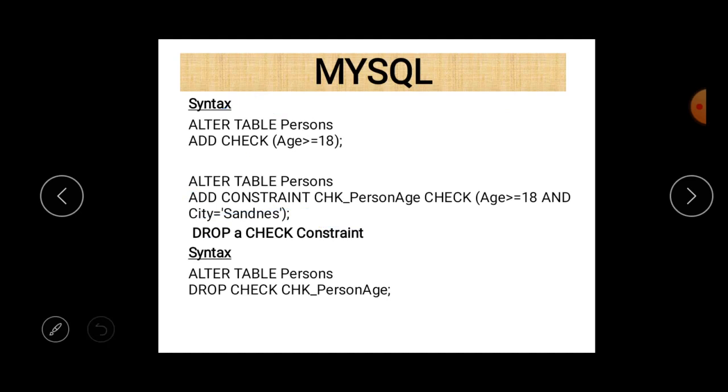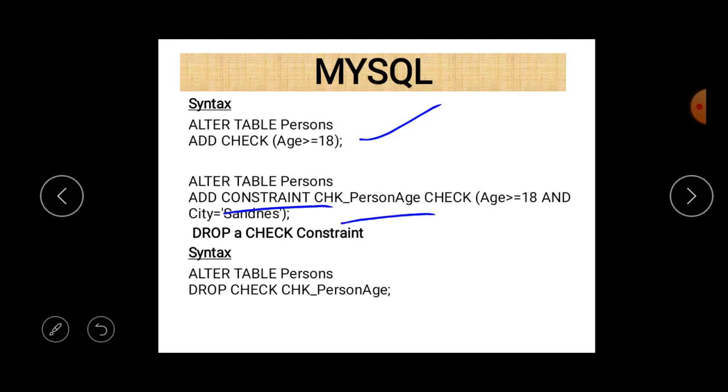So these are the two methods. The first one is very simple to implement. In the second method, we generally give a name to the constraint, and for that purpose we write the keyword constraint just after add. You can see add constraint and then the name of the constraint.